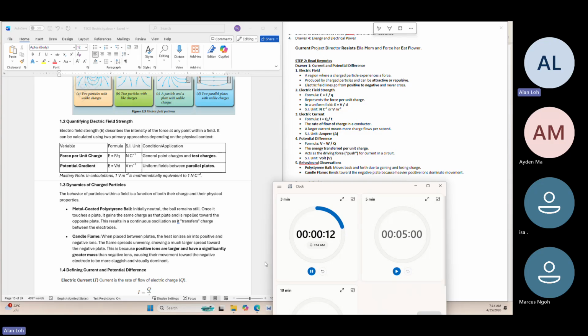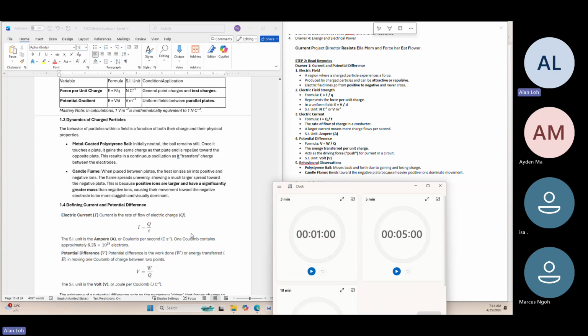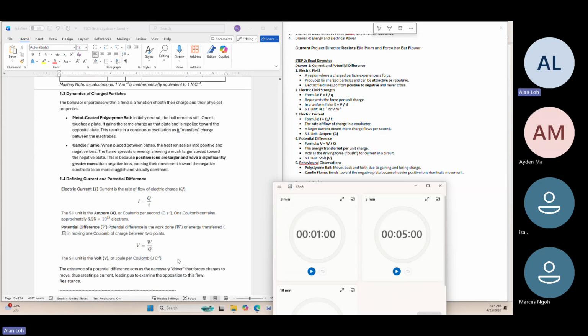Ten seconds. Right. 1.4, also 1 minute. If you finish reading 1.4, you can read 1.3 again.